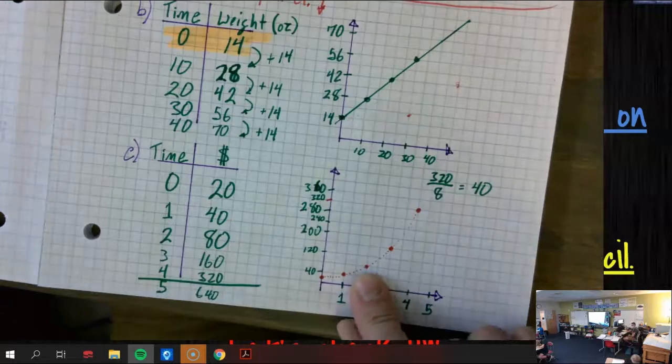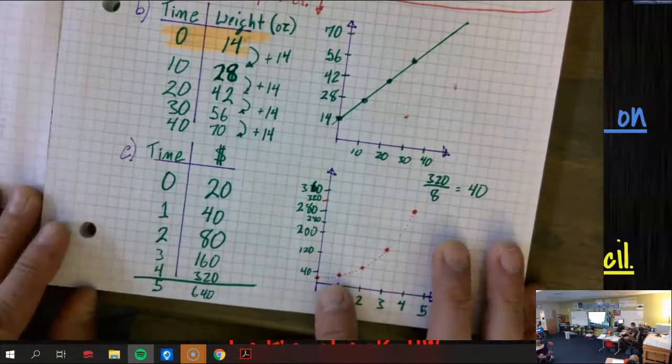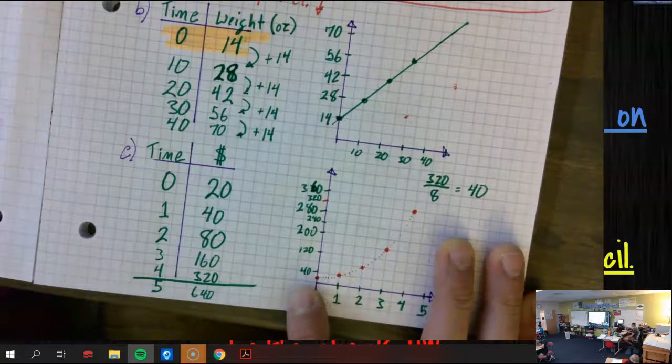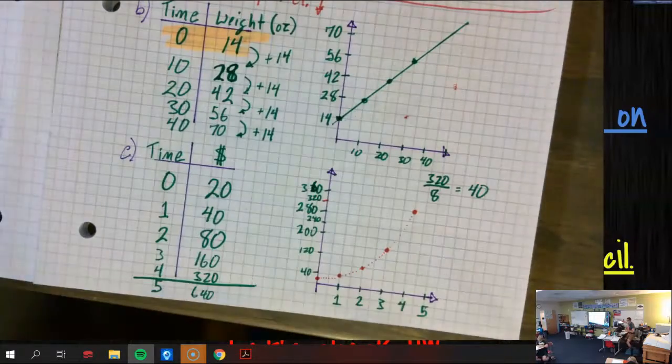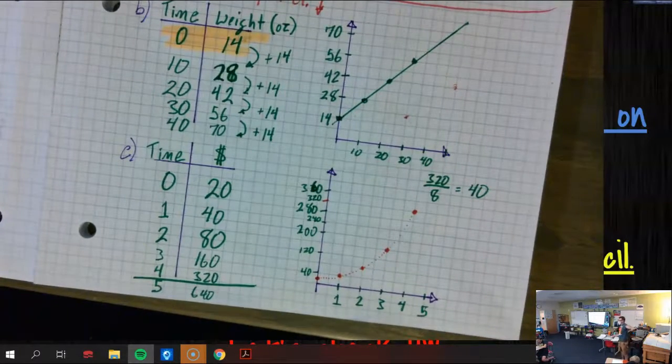So the problem, I don't know if I'm good talking through a mask, it's hard. The problem with making your scale bigger is it makes your points closer. Right? So guys, this is circling back to yesterday's activity with Newton's revenge. If we would have broken the graph and made the scale smaller, so instead of going by like 20, go by like 5.